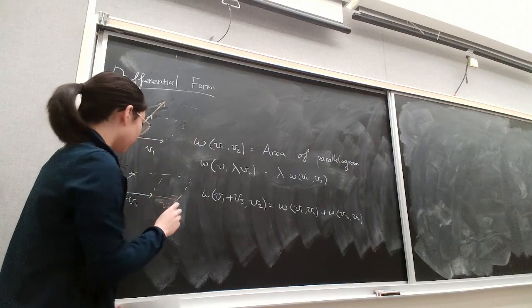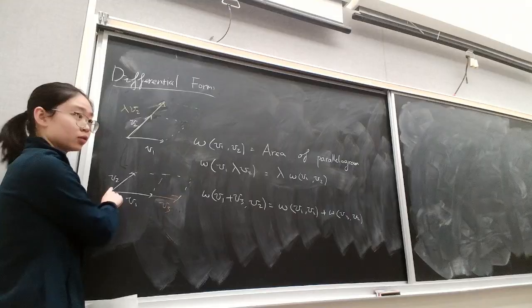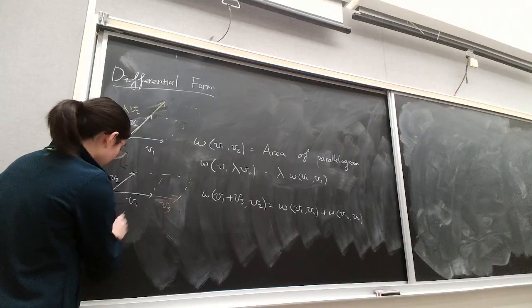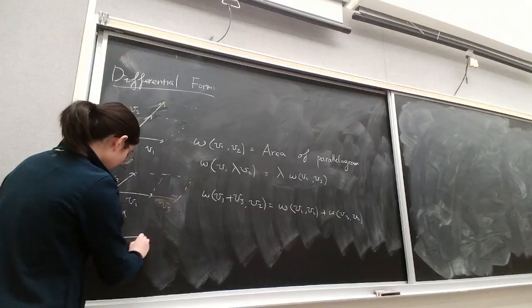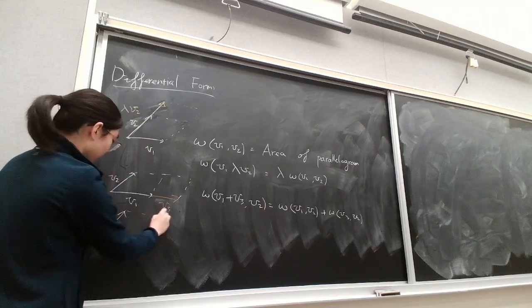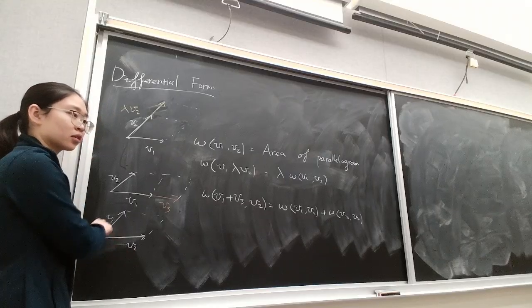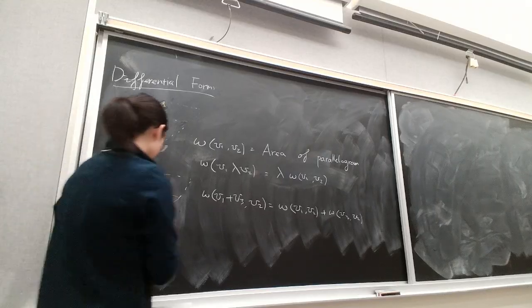And then notice that if we switch v1 and v2, it shouldn't change the area, right? But we can still talk about the orientation and give it a negative sign once you flip it.